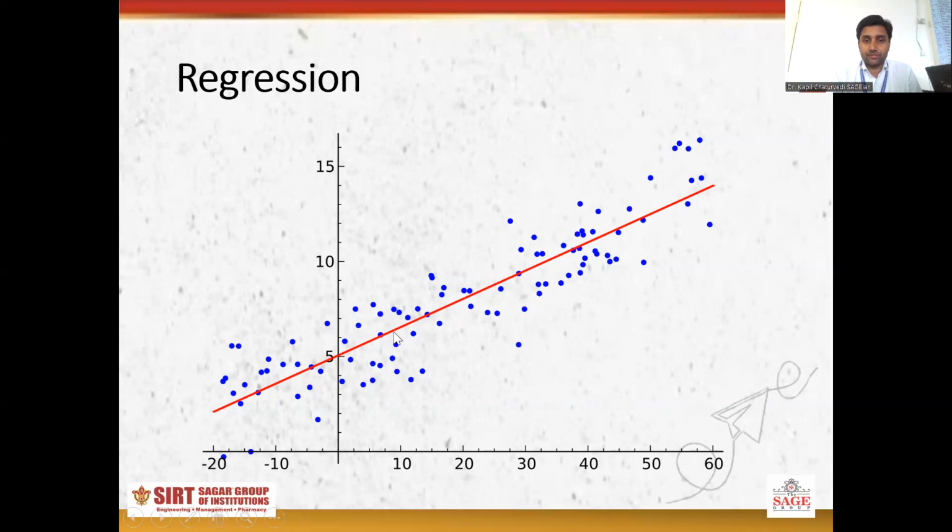This object and this object will be near in their behavior because they are following the same line. So regression is to identify the relations, how strong a relation different objects have.